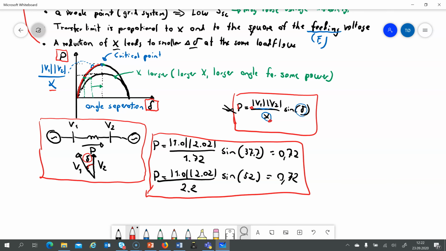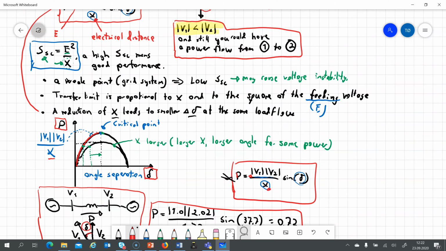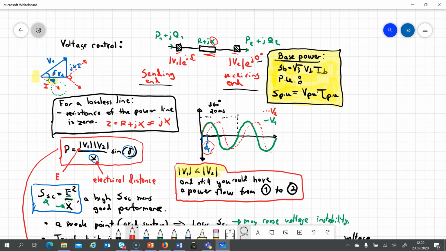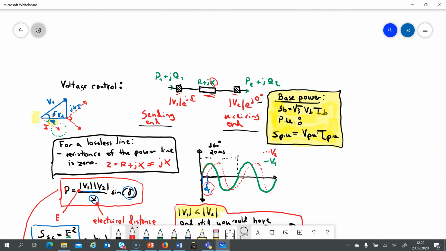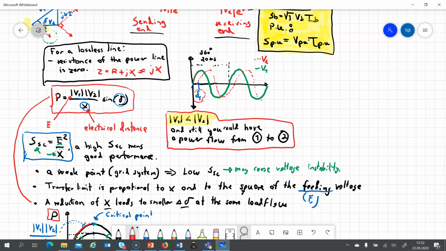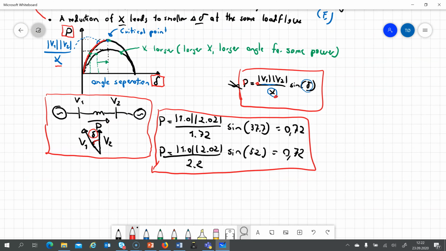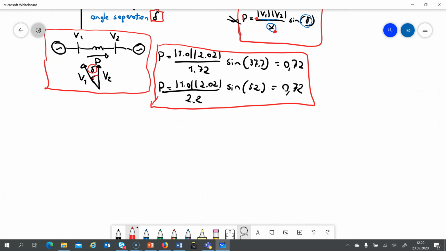Now let's go back to the diagram we had above here with the two bus system. So we should have a relationship now, an equation for the total power flow in that line. So let's start with the current, an expression for that.